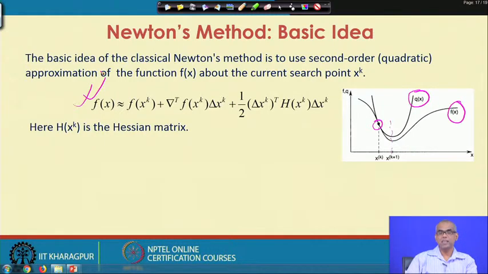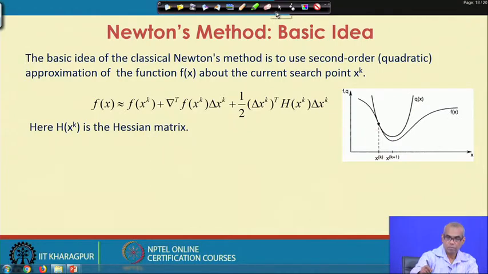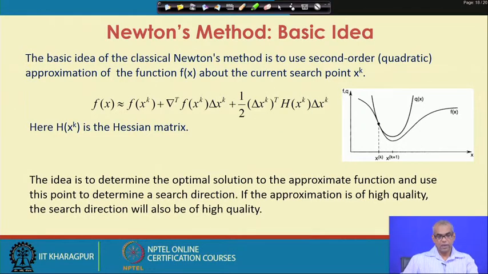So, x minus x k is taken as del x k. Here H is the Hessian matrix. The idea is to determine the optimal solution to the approximate function and use this point to determine a search direction. If the approximation is of high quality, the search direction will also be of high quality.